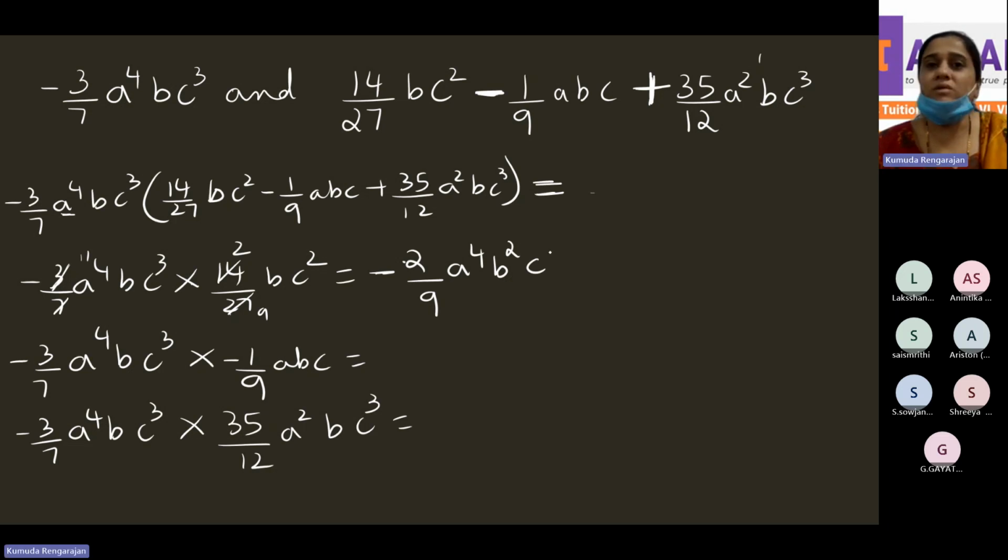You're not multiplying the powers, you're adding the powers. No, c cubed into c squared. Okay, when bases are same and it's multiplication, we add the powers. 3 plus 2, five.